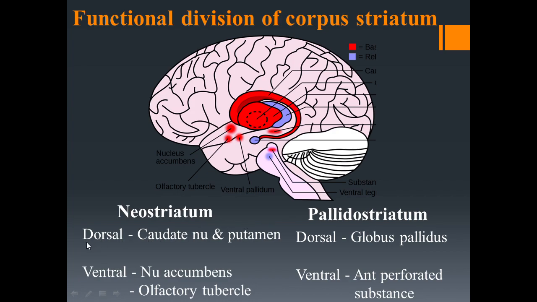The dorsal neostriatum consists of caudate nucleus and putamen, and ventral neostriatum consists of nucleus accumbens and olfactory tubercle, while the dorsal pallidostriatum consists of globus pallidus, and ventral pallidostriatum consists of anterior perforated substance. So this is the functional division of the corpus striatum.